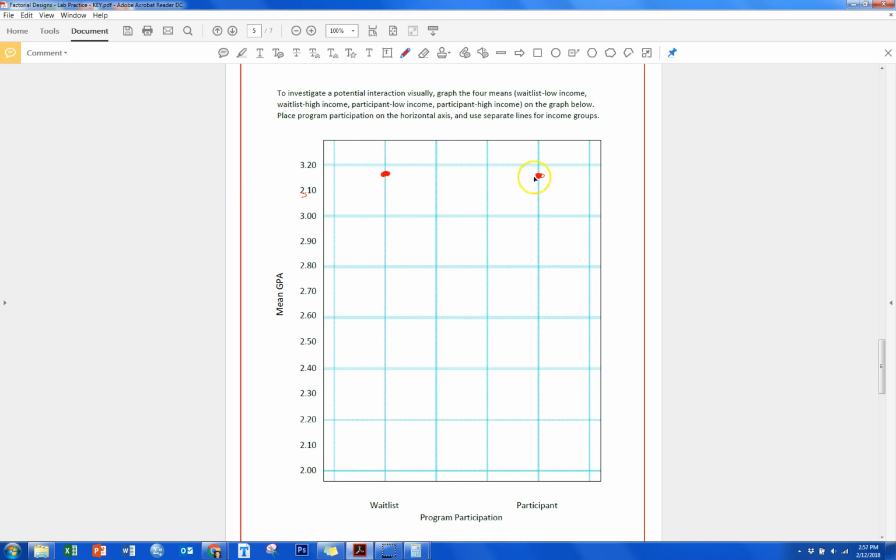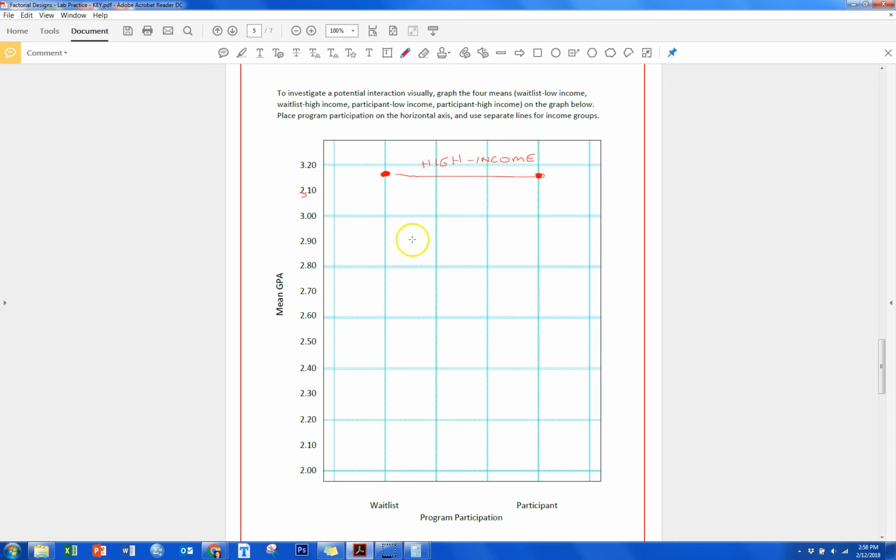Yeah, it's a little unhappy about me trying to draw on top of my drawing. There we go. So these are my high income kids. High income.